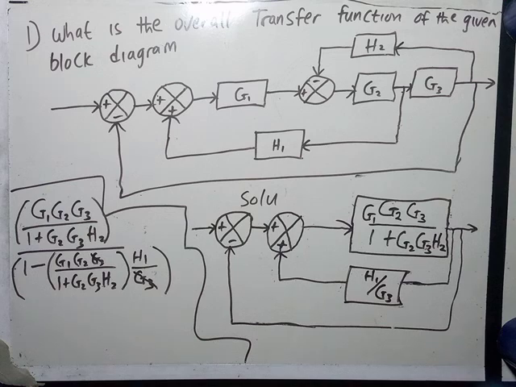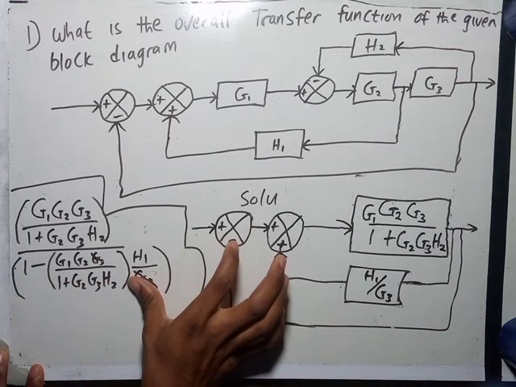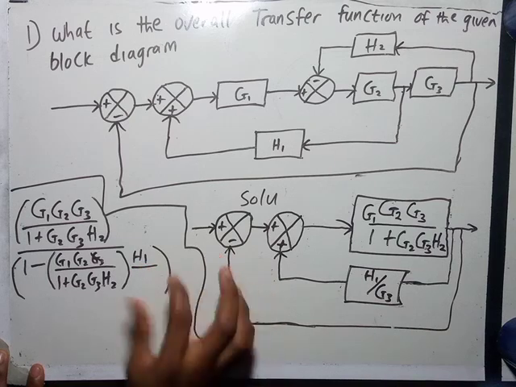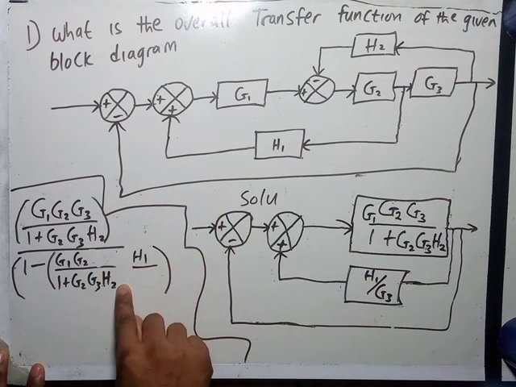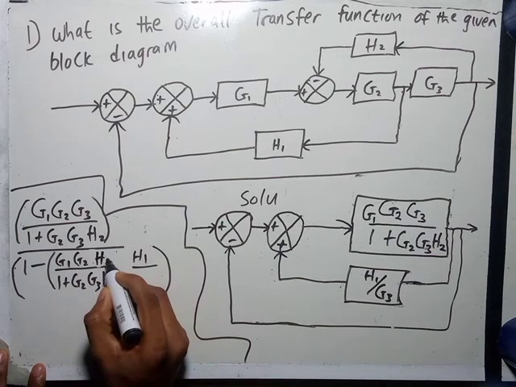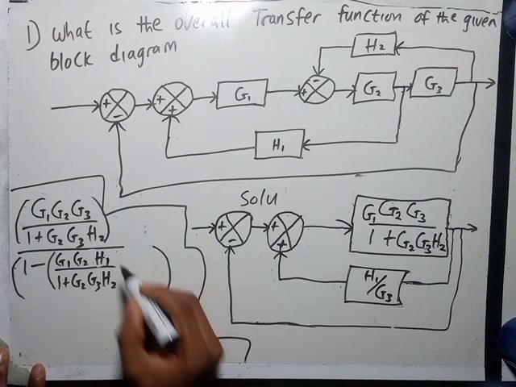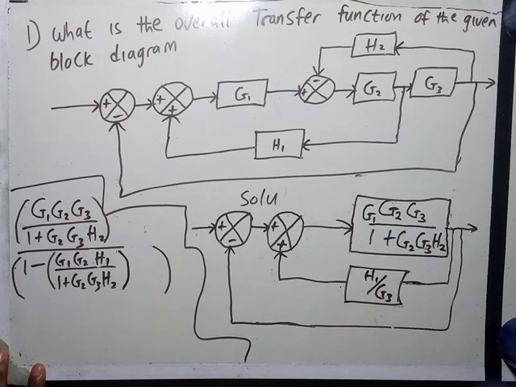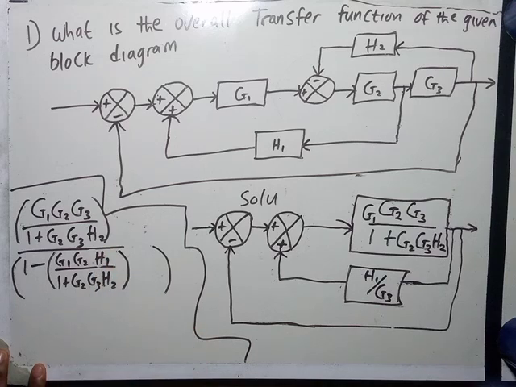Focusing on the denominator, we have cancelled out G3. If G3 is to go out here, our bracket is now reduced, we're going to be having something like this, H1 here, because H1 will be multiplying. So this is what we'll be having as our answer after cancelling the G3.